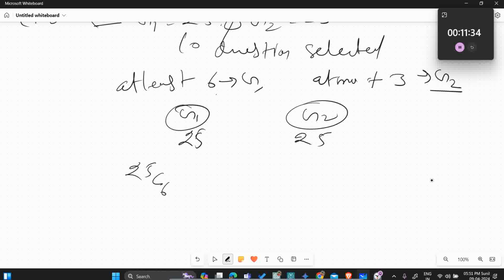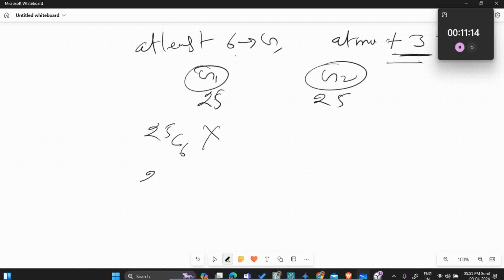So when we are taking 6 here, from the other group we have to take 4. But we cannot take 4 from here because at most we can take 3 from here. So this is not possible. But when we take 25C7, we can take 3 from them, 25C3. One case, alright?